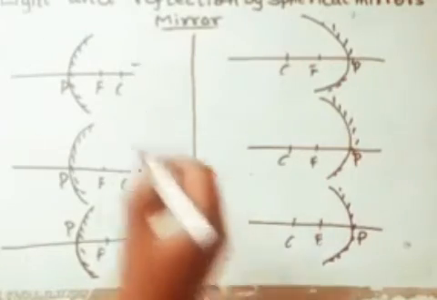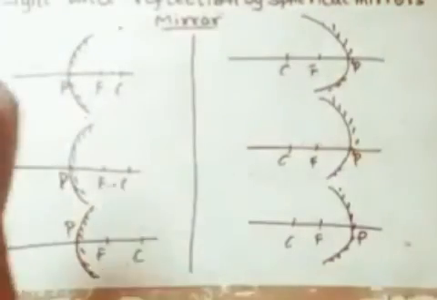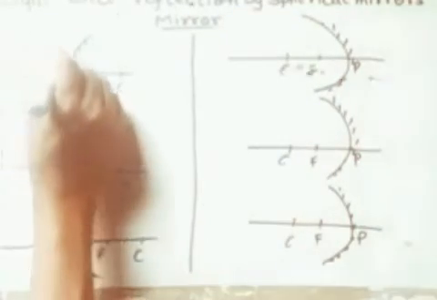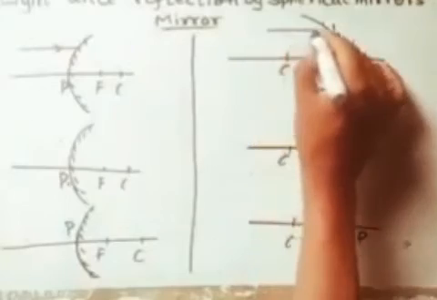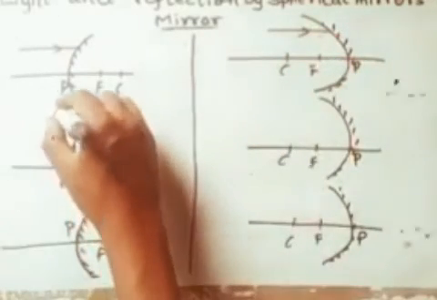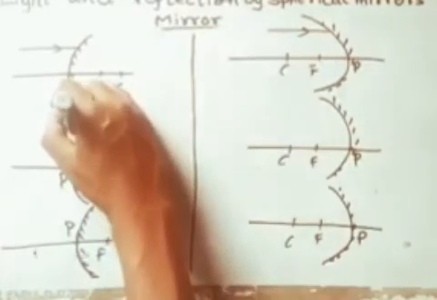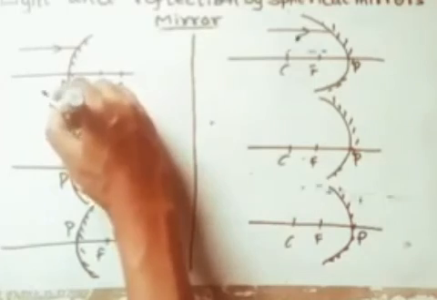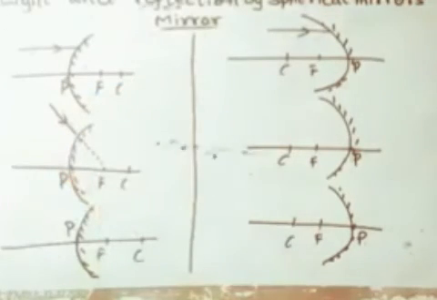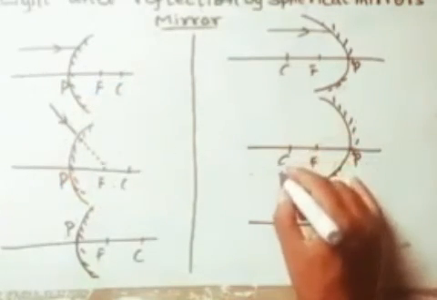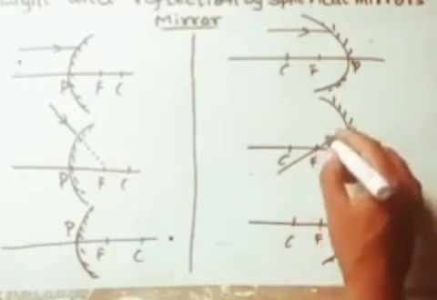Now, the first case, the most common cases I am taking. A ray can be parallel to the principal axis. Second, a ray can come from somewhere toward the focus, or it can exactly pass through the focus.